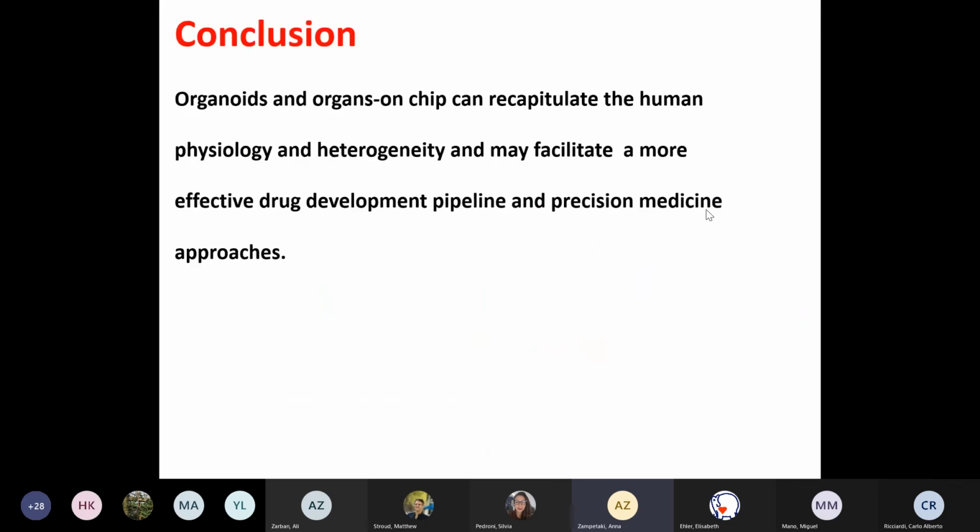So I think in conclusion, we can say that organoids and organs on chip can recapitulate the human physiology and heterogeneity and may facilitate a more effective drug development pipeline and precision medicine approaches.